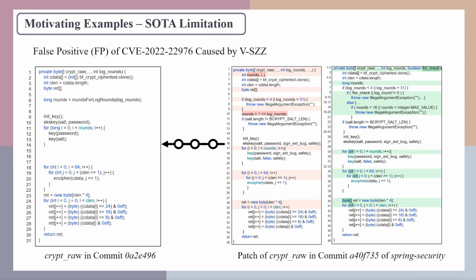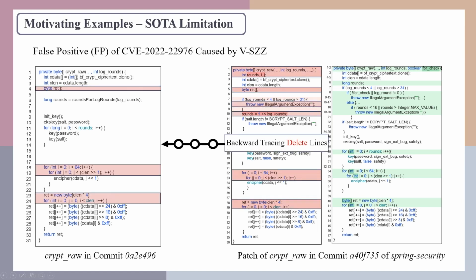V-SZZ is one of the SOTA approaches, tracing the deleted lines within the patch to the inducing commit of the vulnerability. There are 2 main limitations of V-SZZ. First, in this case, V-SZZ regards each deleted line as equal and wrongly traces lines 22, 23, 28, and 29, which are vulnerability unrelated, causing 91 false positive versions in this case.